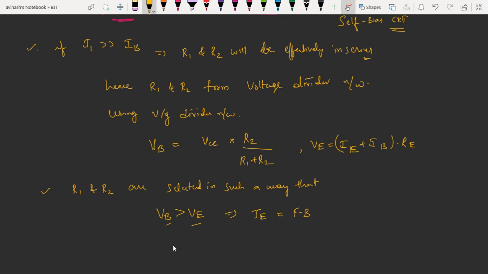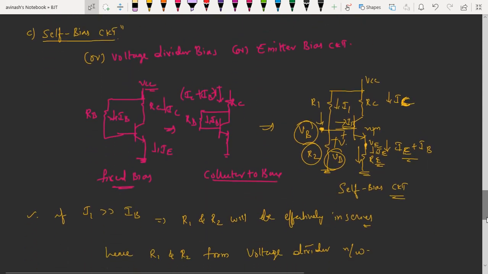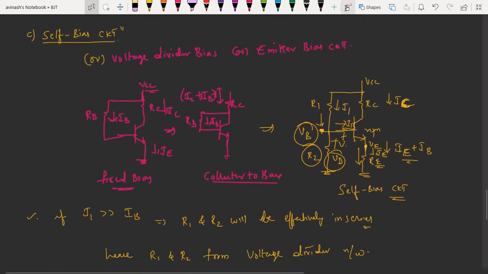Then what is the voltage at the collector? Yes, the voltage across the collector.